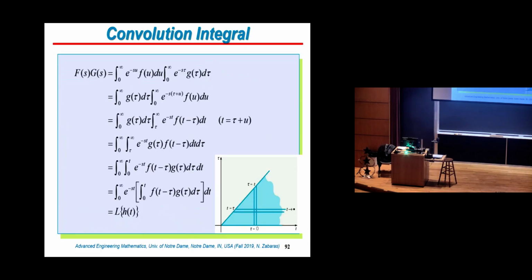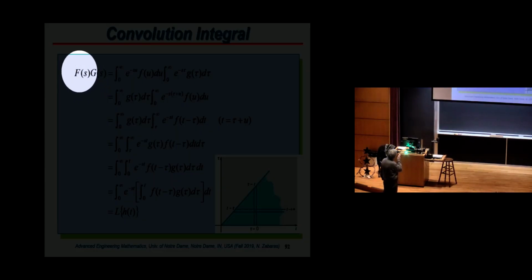The proof is actually given on this slide, and when I look at it, the proof is very fundamental to many problems you will see in many different courses, because you have to do this proof for different cases. I'm only going to tell you what the idea is, right? You take the product of the Laplace transform F of S and G of S, and somehow manage to write this as the integral from 0 to infinity of e to the minus st times this convolution function.